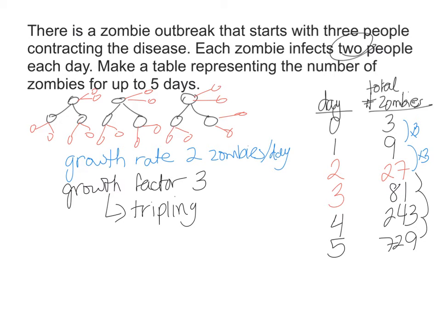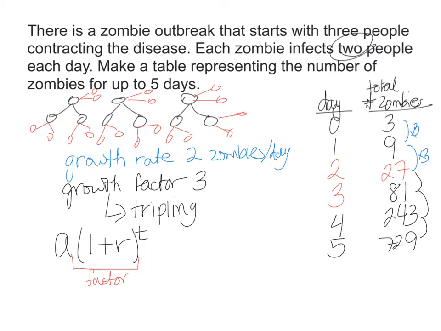So we want to write the equation that represents this, because if I want to find how many zombies there are on day 10, I certainly don't want to have to do this 10 times or keep going in my table. So we have our general equation for exponential growth, which is A times 1 plus r to the t power. This part of our equation, 1 plus r, is my factor. How much I can just multiply each one by.